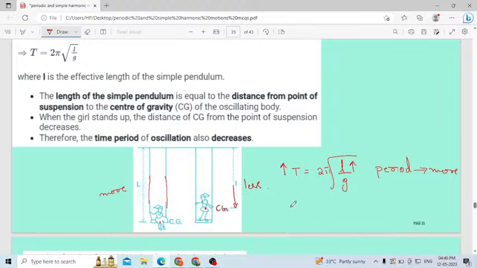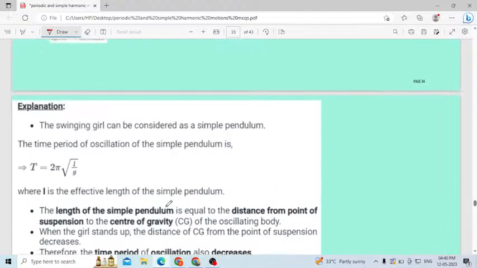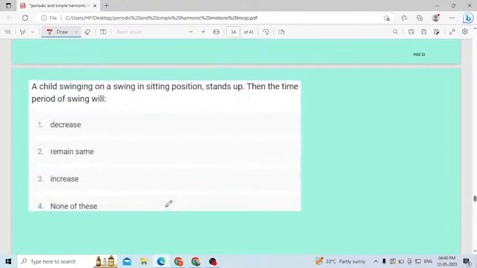In the second case, T equals 2 pi root L by g, compared to the first one, here the length decreases, then the time period also decreases. What is the correct answer for this question? It decreases. Okay, I will explain once again.